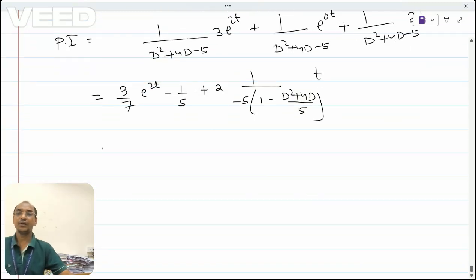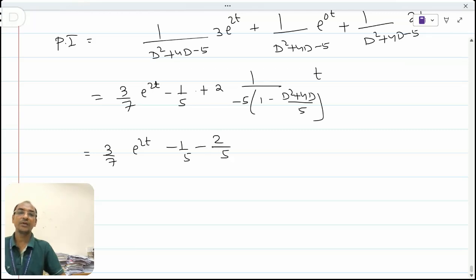And so what we will get is 3 by 7 e to the power 2t minus 1 by 5, plus, you can say, minus 2 by 5 into (1 minus (D square plus 4D) by 5) inverse into t.